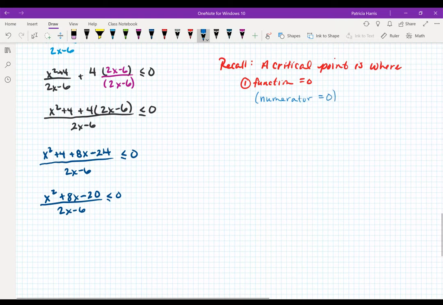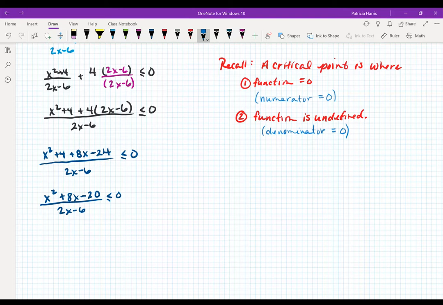Okay. And then, secondly, a critical point will occur where the function is undefined. Okay, or in this case, where the denominator is equal to 0. Okay, so let's take a look at the numerator and let's take a look at the denominator.